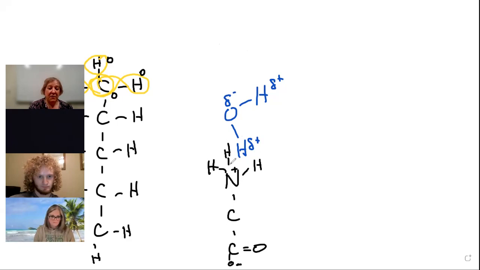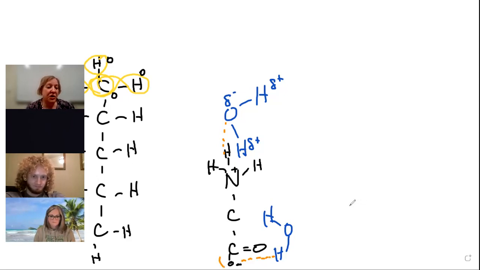So because I've got a positive charge and a negative charge there, I can form a hydrogen bond here, and for my water, let's say I've got a water here, I can form a hydrogen bond, or an electrostatic attraction, between this negative charge here and this positive charge here.